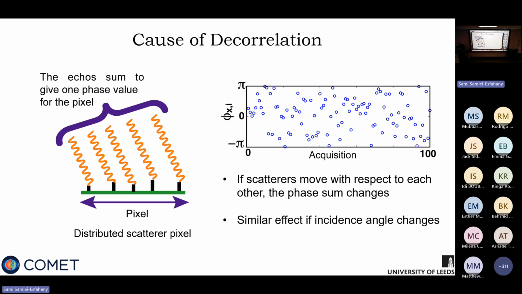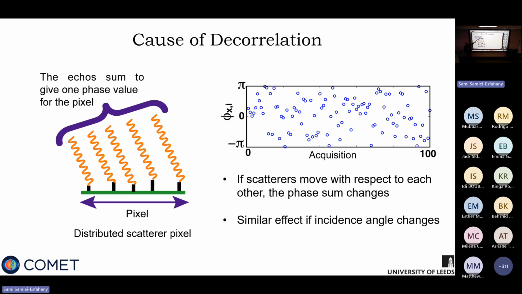Okay, so I don't know how much Tim went into this, but he probably mentioned that for every resolution cell, which becomes a pixel in your image, you're actually getting reflections from multiple scatterers on the ground. Okay? And so they've each got their own phase, and what you actually measure is the combined phase of all of them.